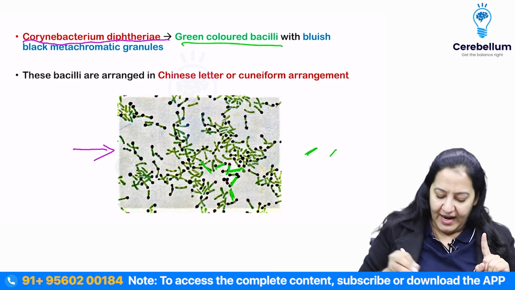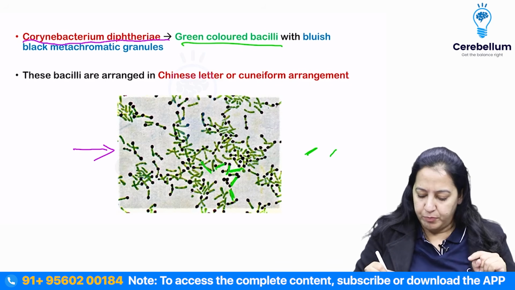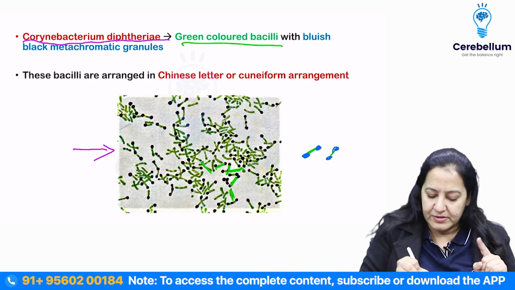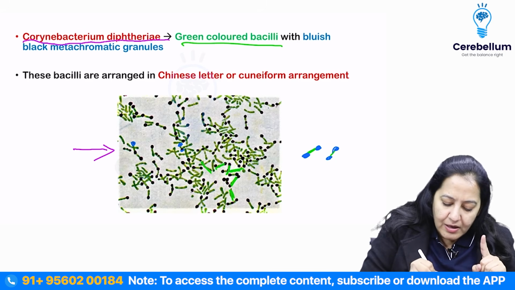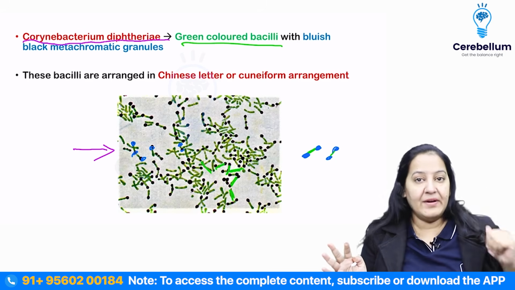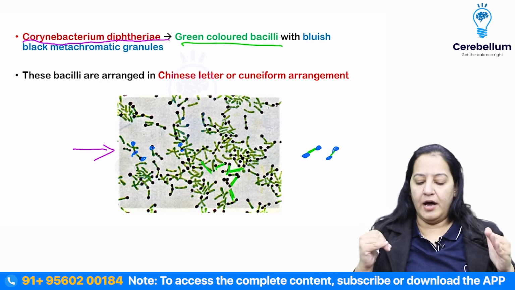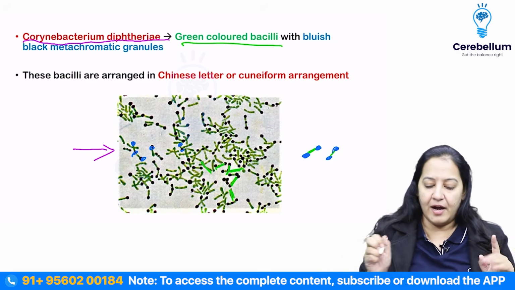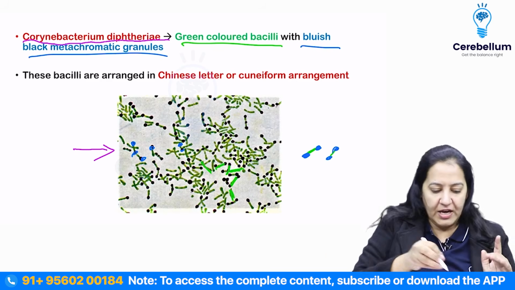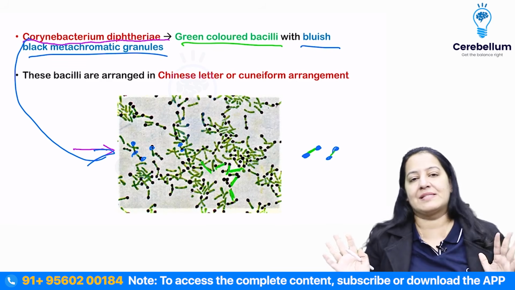So green color bacilli, and at both poles there are blue color granules, the blue color metachromatic granules. Here in the diagram also you can see, at both the ends, the blue granules are present. So the bacilli are green color and the granules are at both the poles, they are bluish black metachromatic granules. This is Corynebacterium diphtheriae on Albert stain, and the diagram is like this.